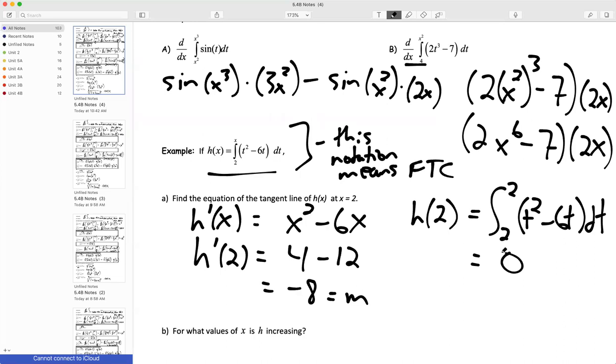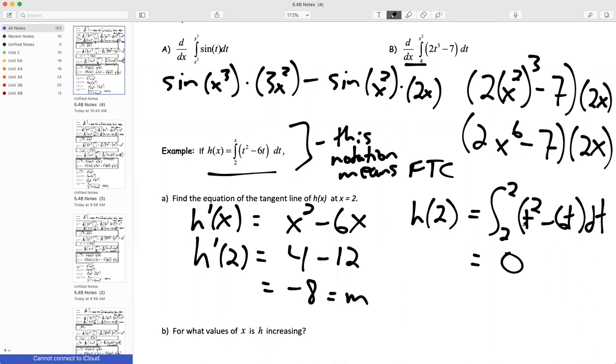It's the same point, there's no change. If I'm integrating from 2 to 2, which is a straight vertical line, and I'm finding the area under the curve, there's no area. Therefore, this has to be 0.